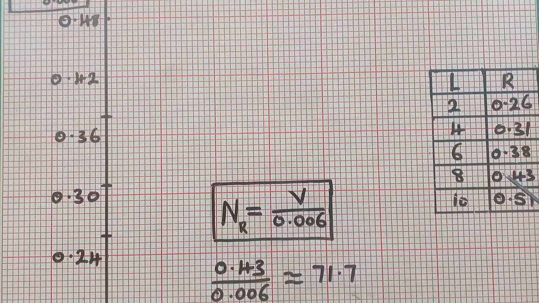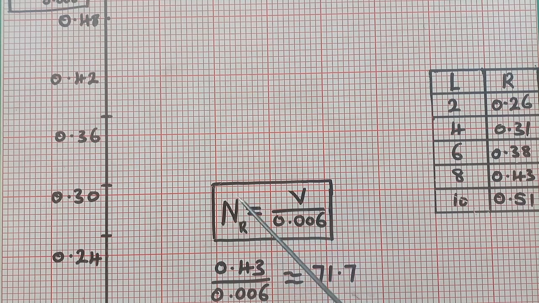We now locate 0.43 in like manner. We do it by replacing this V by 0.43 to give us 0.43 over 0.006. When done, we have approximately 71.7. That means to locate this, count this number of boxes. Let's count.